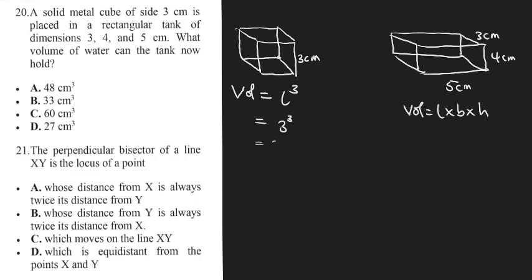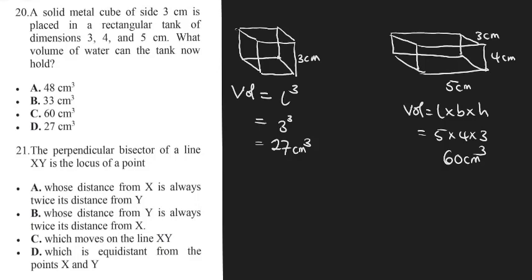So this is 27 centimeter cube because it's volume. Then this one is going to be 5 times 4 times 3. If we multiply this, 5 times 4 is 20, 20 times 3 is 60. So this is 60 centimeter cube.